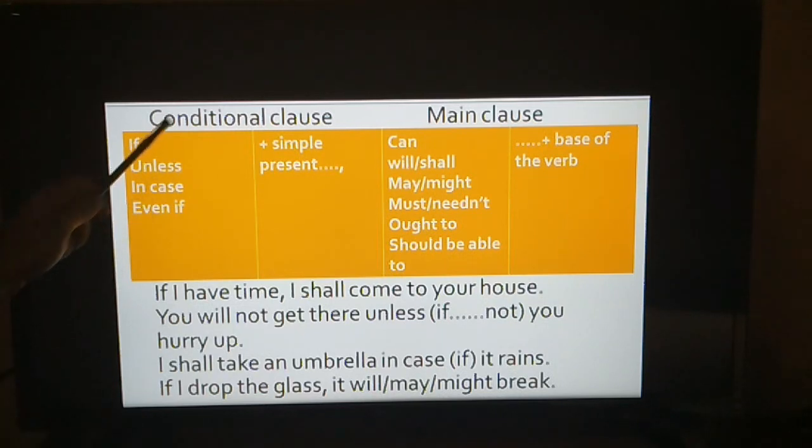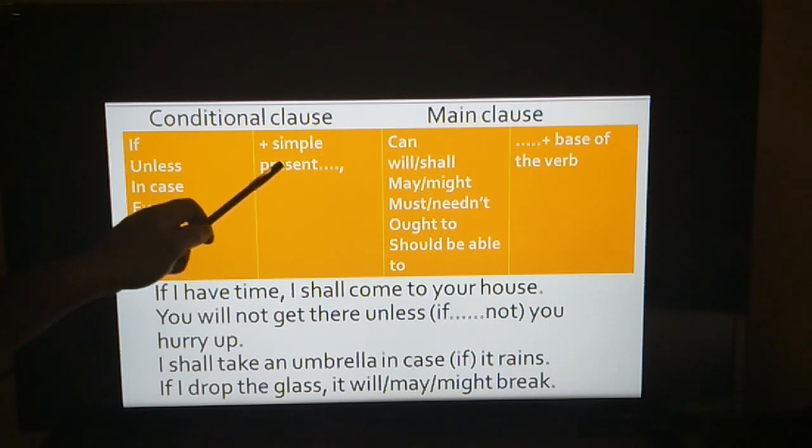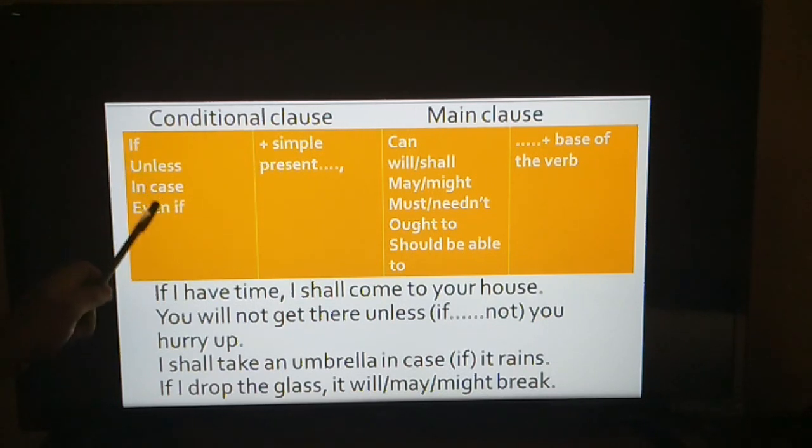First we have the conditional clause with if, unless, in case, even if. In the former one, zero conditional, we have seen only if and when. But here we have if, unless, in case, even if. And after these, you have the simple present form.